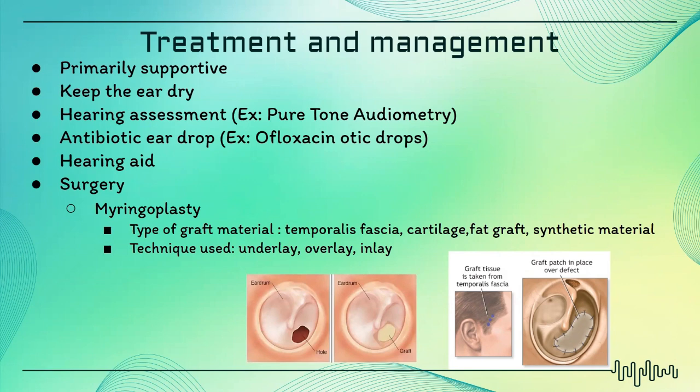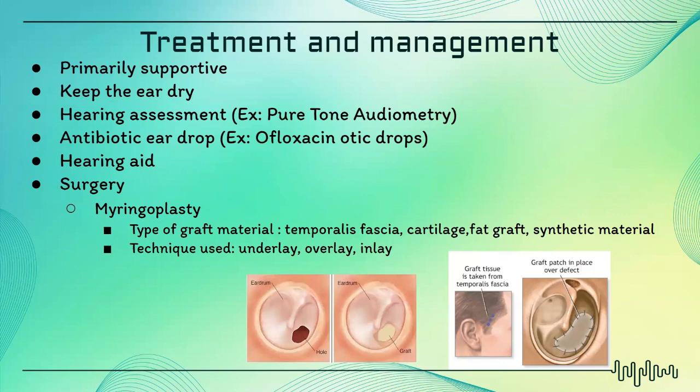We can prescribe antibiotic ear drops, such as ofloxacin, if there is any infection. We can provide a hearing aid if there is permanent sensorineural hearing loss. We can also offer surgery, which is myringoplasty, the closure of the perforation of the pars tensa of the tympanic membrane.